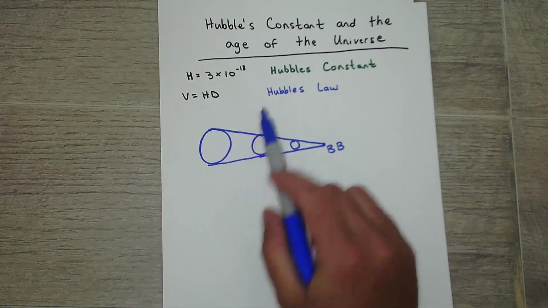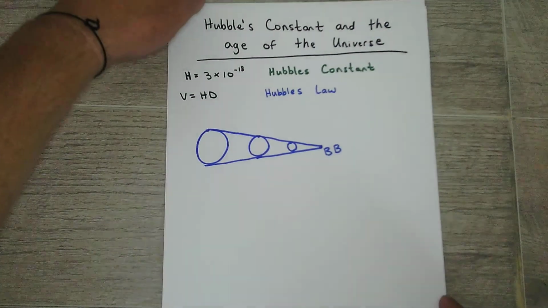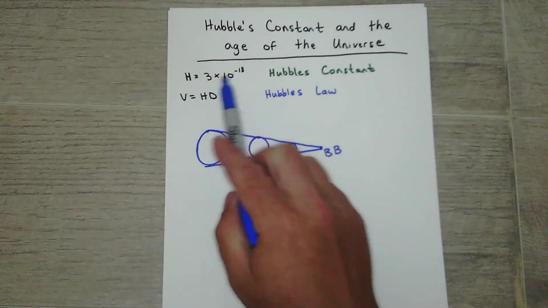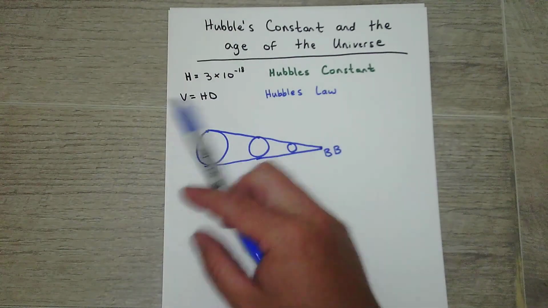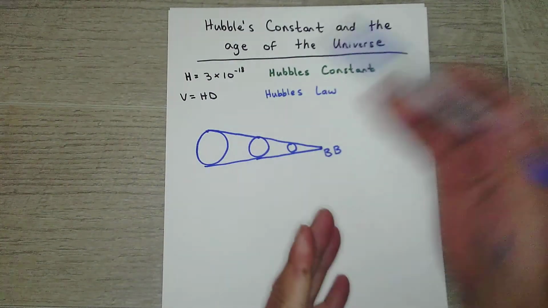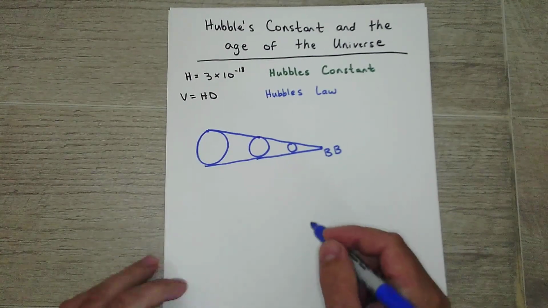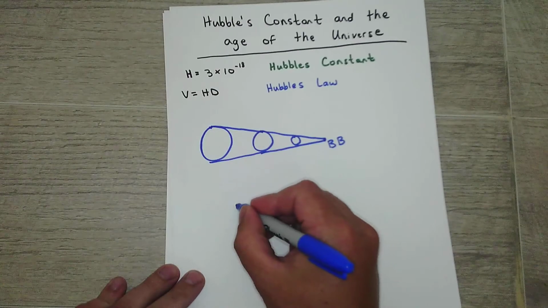The way we calculated the age of the universe, and that's what I'm going to go through here, is how to actually calculate the age of the universe. And it's based off of this data that Hubble and all scientists after Hubble have found of the ratios of distance versus speed.